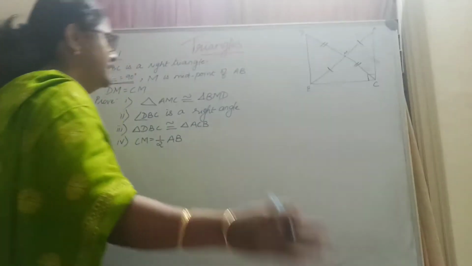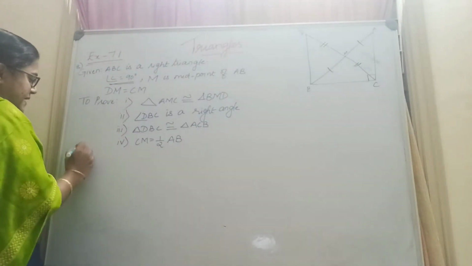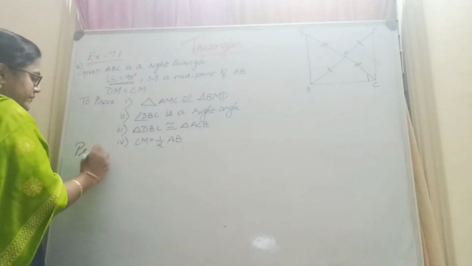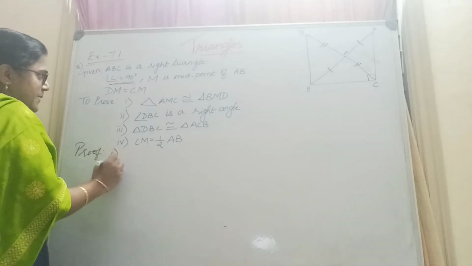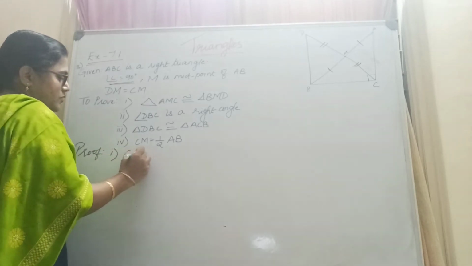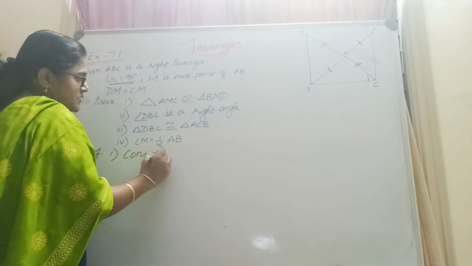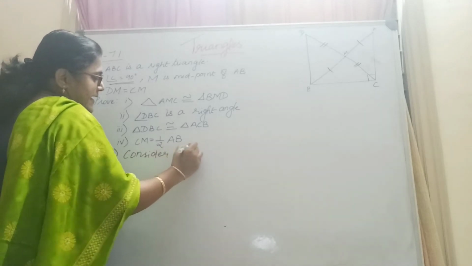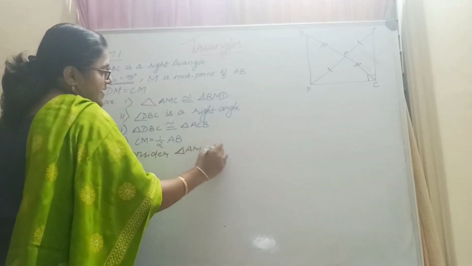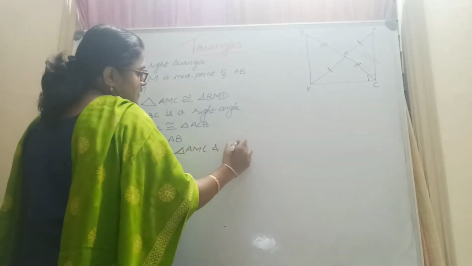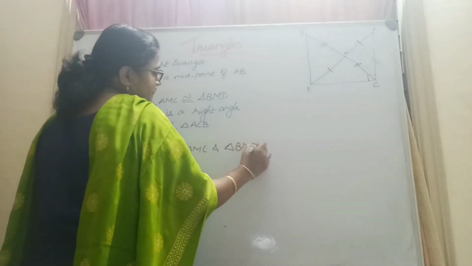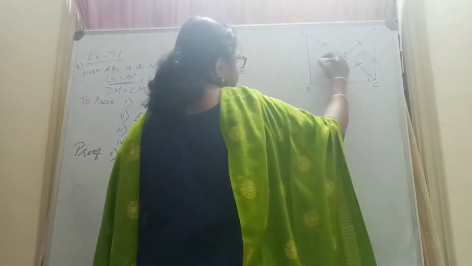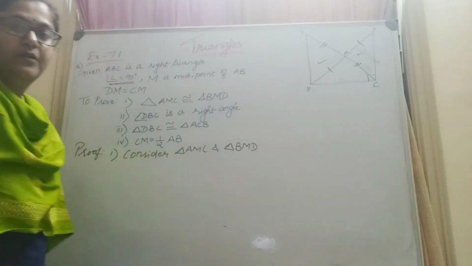Now, considering the first part, the same two triangles to be taken into consideration. So consider triangle AMC and triangle BMD, that is this triangle and this triangle. Okay.